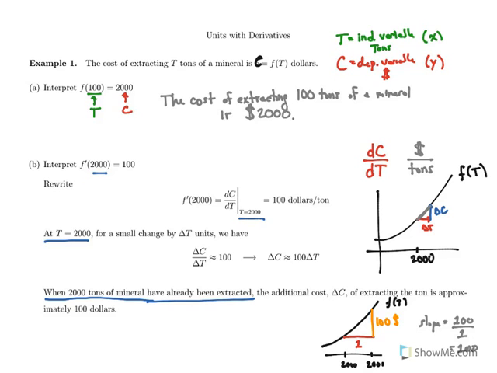So the derivative, one more time, is at this point, when 2,000 tons have already been extracted, the additional cost of extracting one more ton is approximately $100.